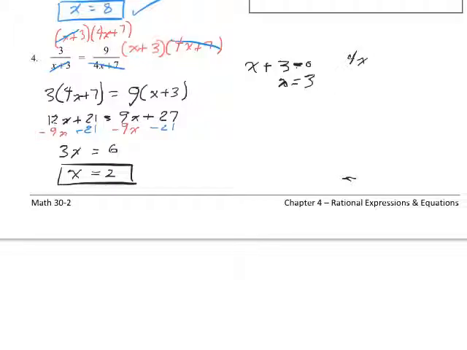And from the 4x plus 7 equaling 0, we would get x equal to -7/4. So those are the non-permissible values that we have. And so our solution, x equal 2, is not one of those, so it's a good one. x equaling 2 is not extraneous.